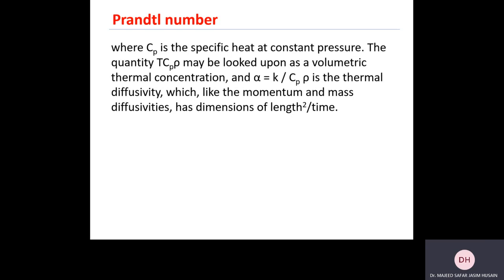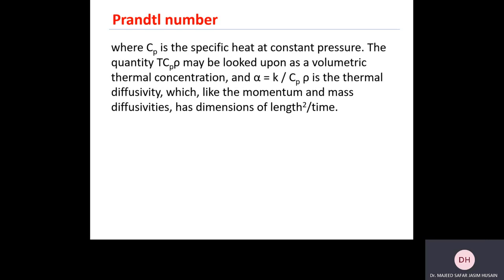The quantity T Cp rho may be looked upon as the volumetric thermal concentration. As we have done with a similar approach, we named these variables. So Cp is the specific heat, and T Cp rho we can call the volumetric thermal concentration.